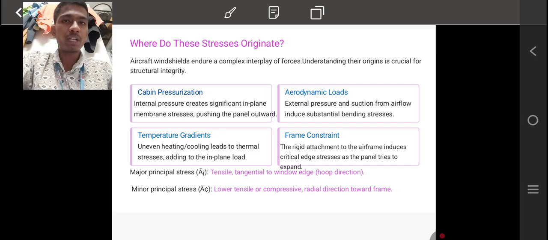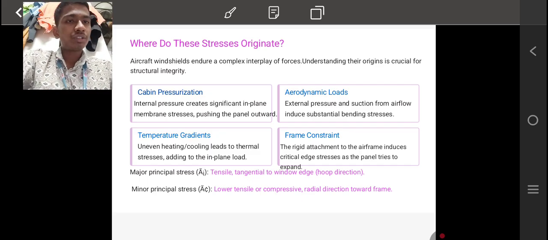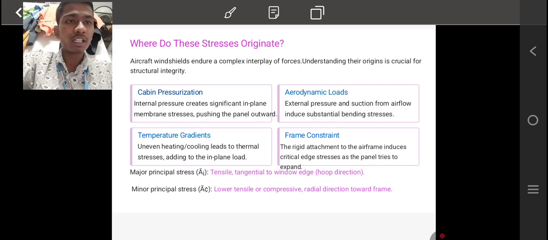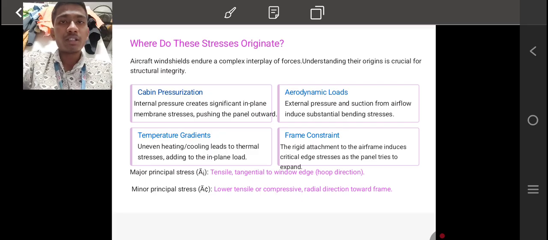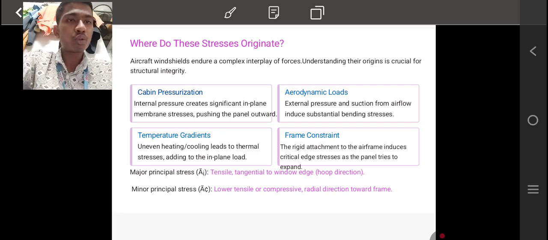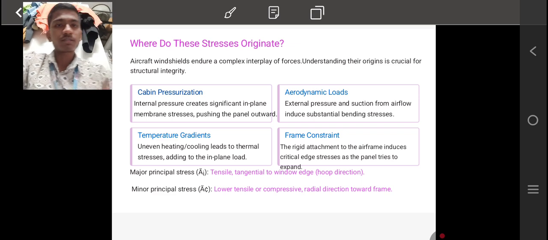Second is aerodynamic load: external pressure and suction from airflow induce substantial bending stress. External pressure due to airflow exerts pressure on the windshield, which creates bending stress.